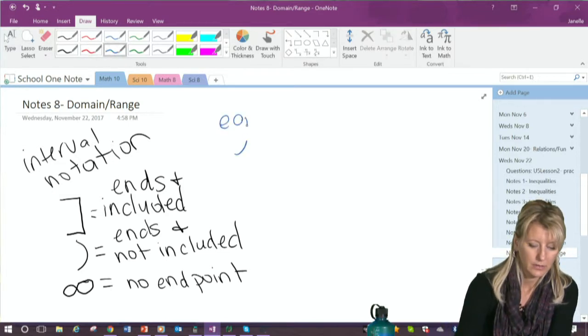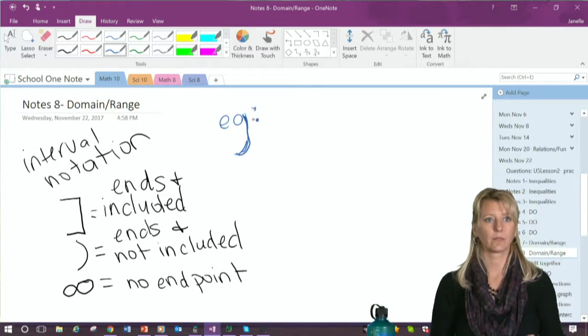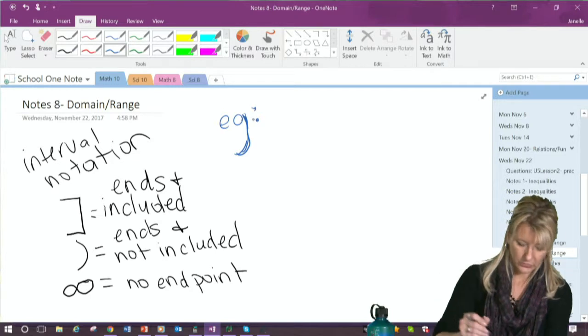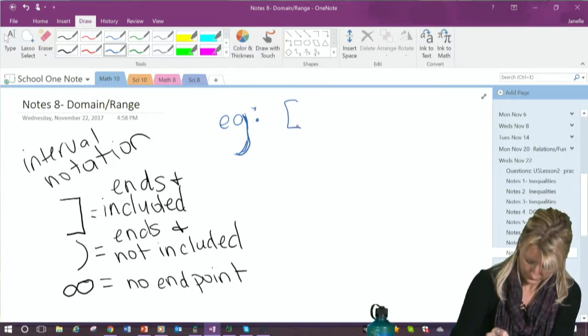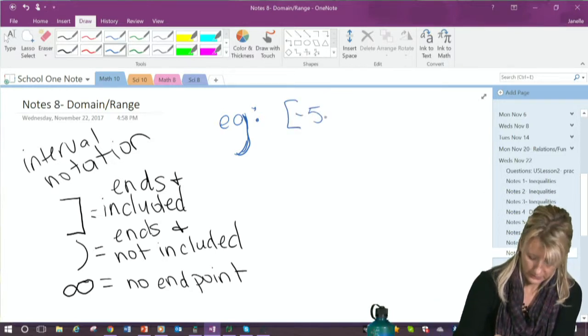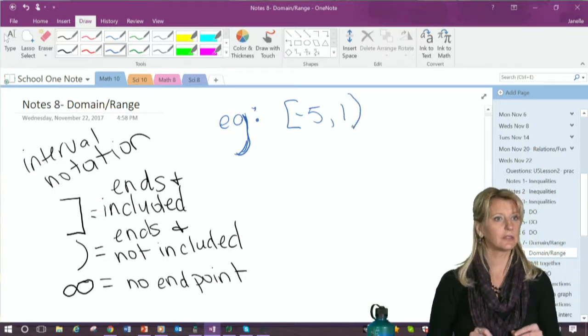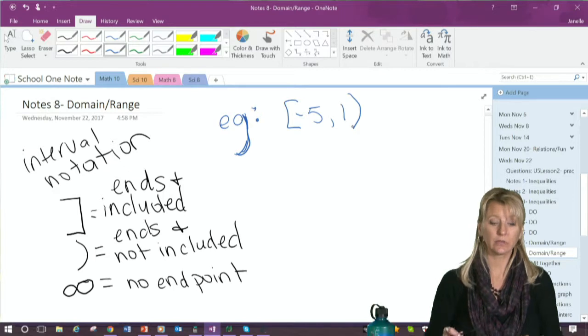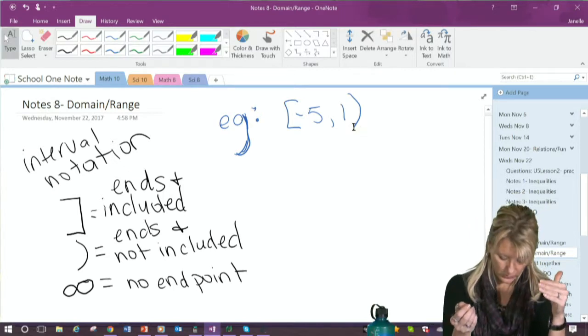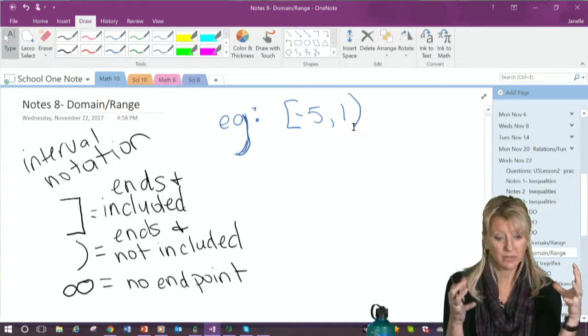Oops, that did not, right, that's a G. There we go. Okay. So I'm going to give you some examples. So if I did this, -5 and 1. So notice it doesn't have the exact same brackets, and there's a reason why. So we're talking about the domain here.